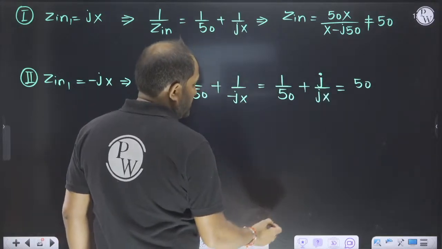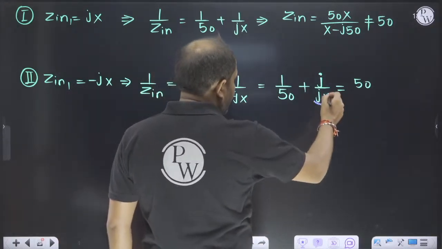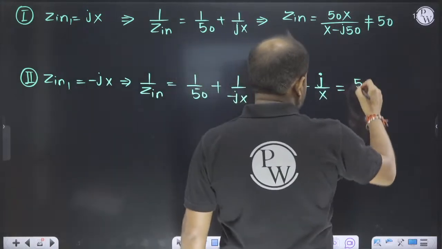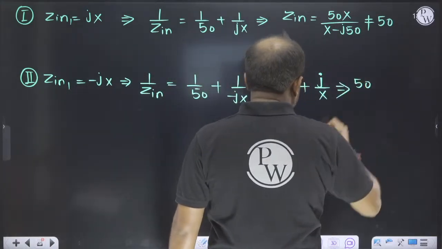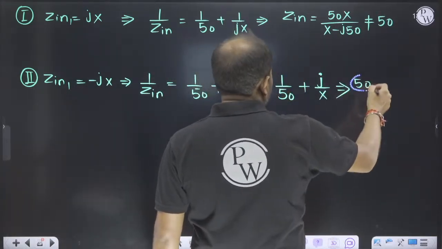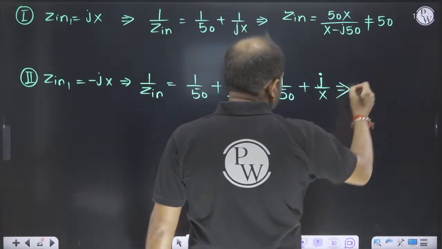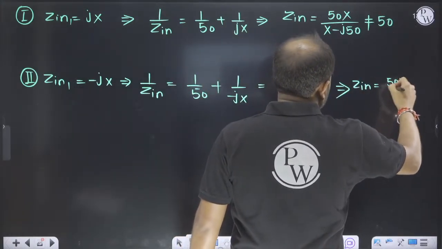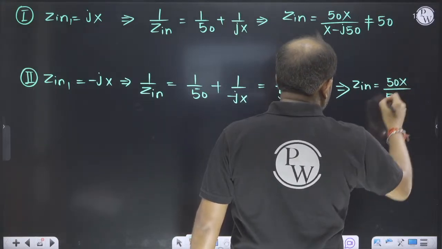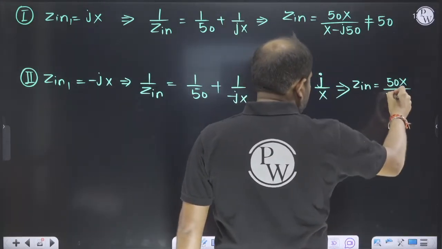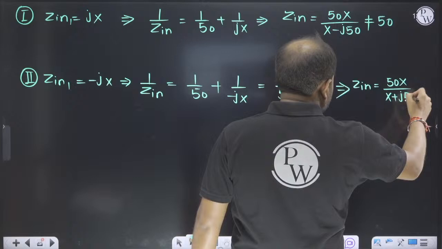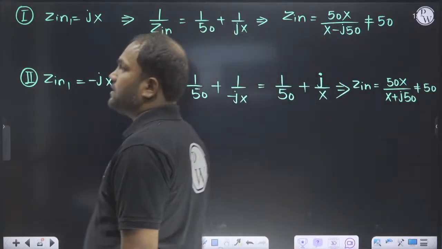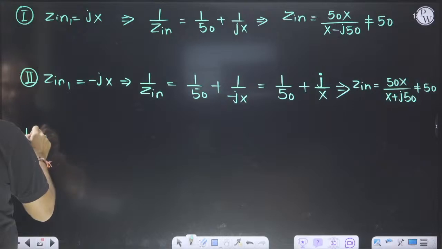So Zin is equal to 50 into x divided by x plus j50. It is not equal to 50 ohm.